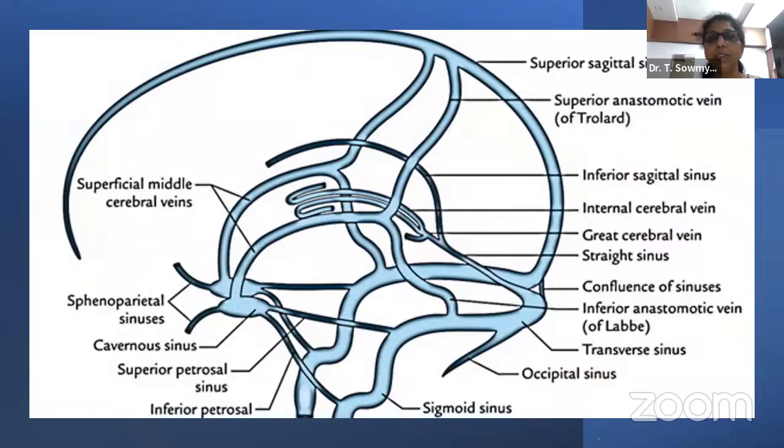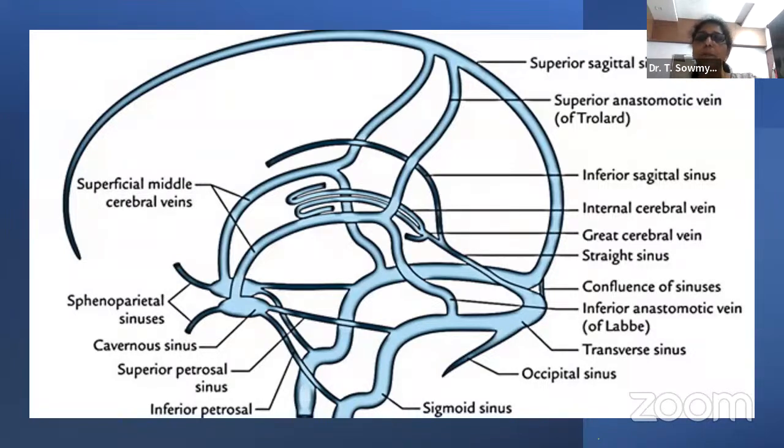anatomy of the dural sinuses, as I said, in the falx cerebri there is the superior sagittal sinus, and there is a superficial system and a deep system of cerebral veins and dural sinuses.